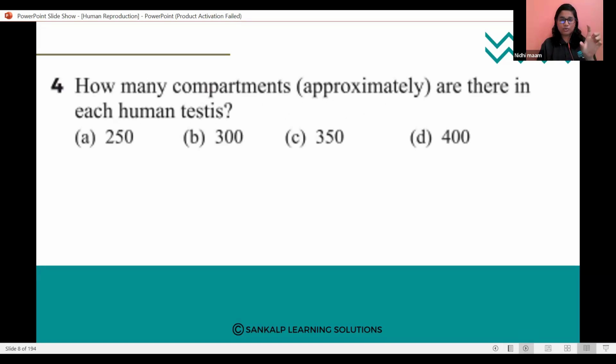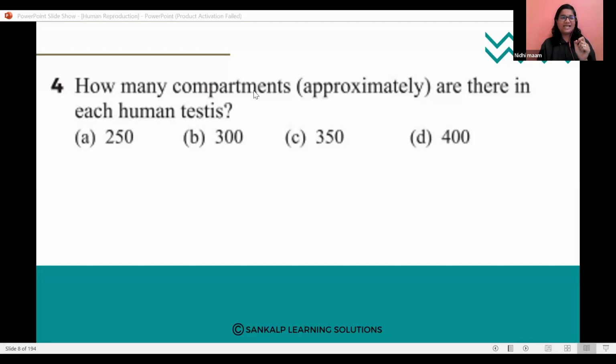They are asking how many compartments are there in the testis. Recall the cross section of the testis diagram. A is 250, B is 300, C is 350, D is 400. I got quick responses from everyone, as most of you answered option A, that is 250.